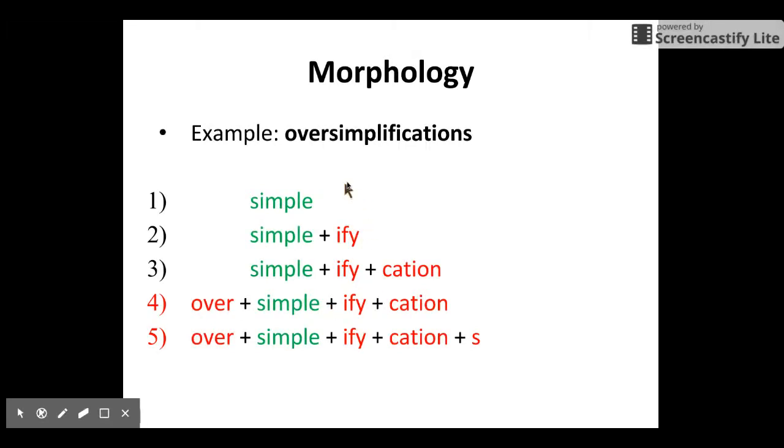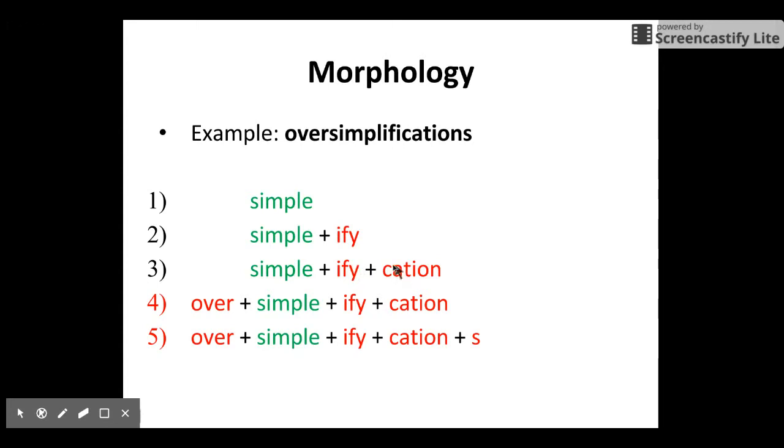Let's look at the internal structure of this word, oversimplifications. So we have simple, and then we have simplify, and then simplification, which changes the whole thing into a noun, right? Originally simple is an adjective, and we can change the adjective into a verb by adding this morpheme.